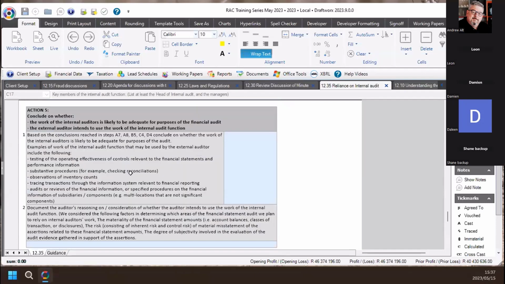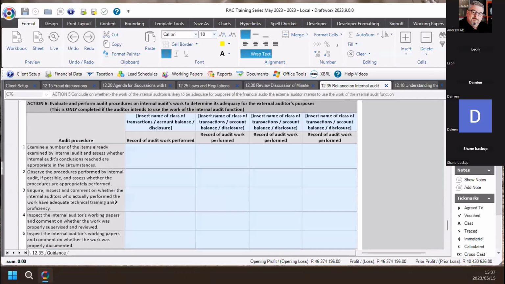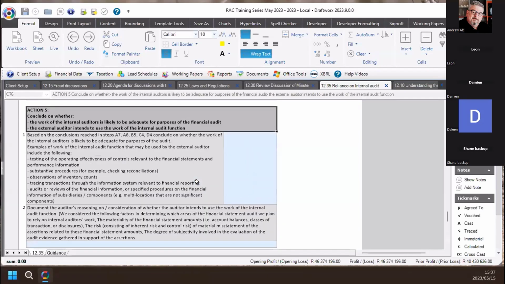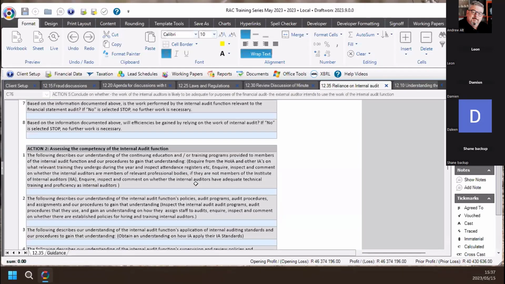And that's why you saw the sheet as it was previously. But we ultimately need to conclude on whether we can use internal audit or not. So then we need to actually do work on internal audit's work to document and get an understanding of the adequacy of the work that they're doing, for us to be able to rely on that at the end of the day.